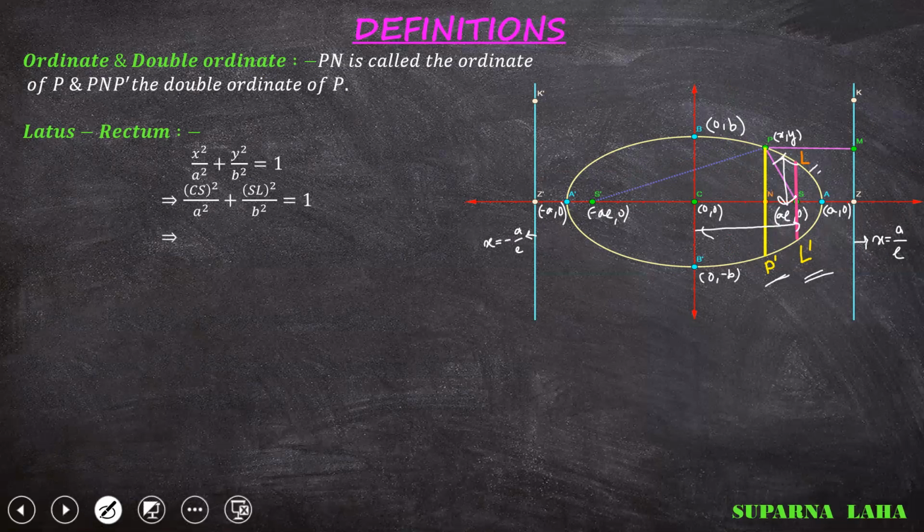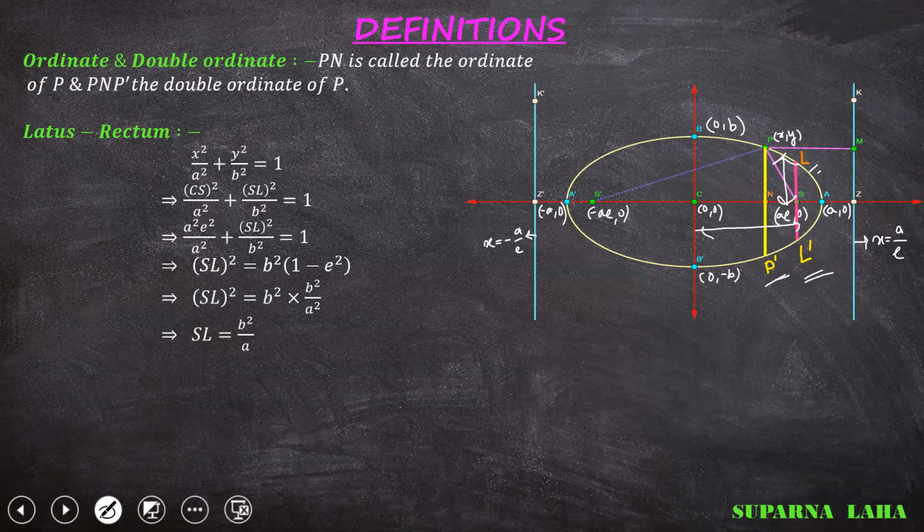Now what is CS? CS is ae, so a square e square by a square plus SL whole square by b square is 1. Ultimately, if we solve this, we will find that SL whole square is equal to b square into 1 minus e square. So the value of SL is b square by a.